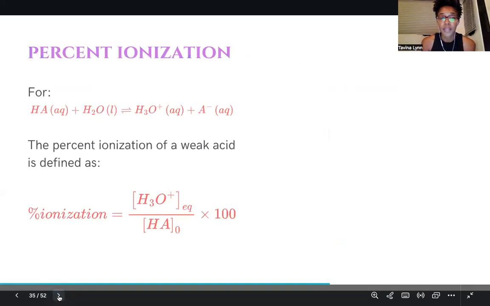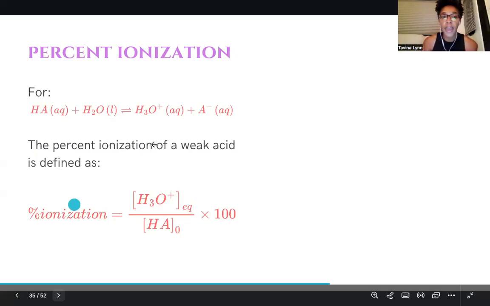The other factor that I want to talk about is percent ionization. We can calculate the percent ionization at equilibrium. Again, this is applicable for weak acids and weak bases, because for strong acids and strong bases, it's thought that we get 100% ionization.